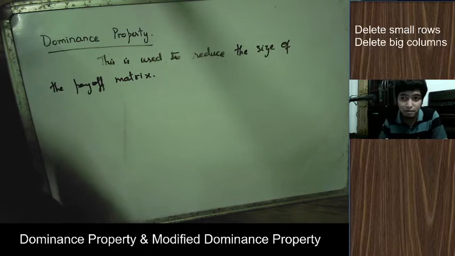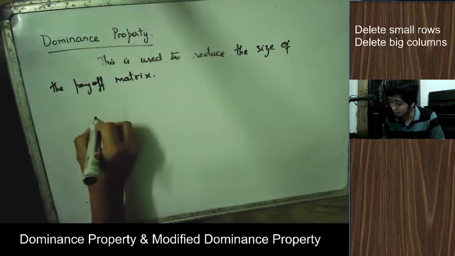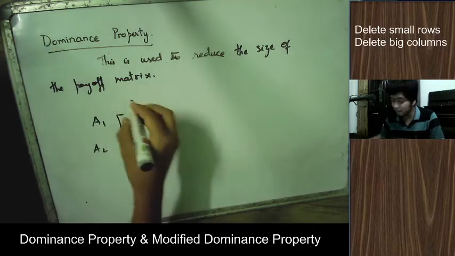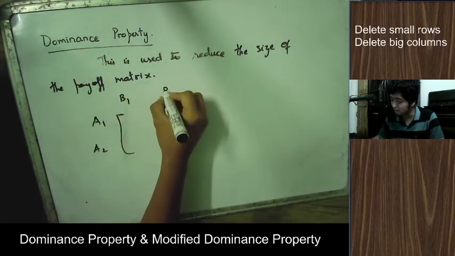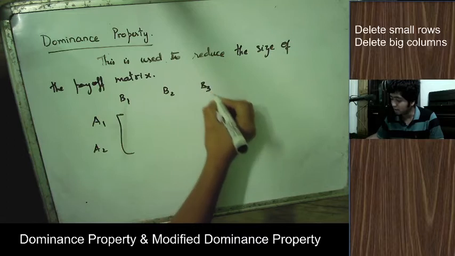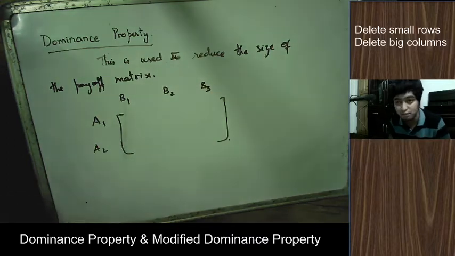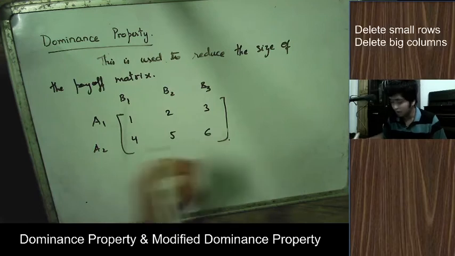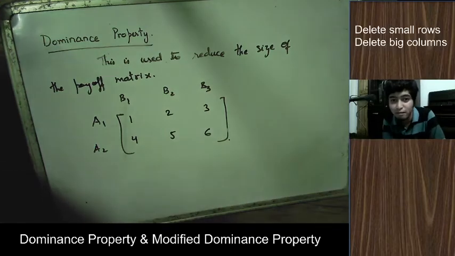Just have a look at this example. A has 2 strategies, A1 and A2. B can have so many strategies, let us think of it this way: 1, 2, 3, 4, 5, 6. If you are player A, which strategy would you choose, A1 or A2?